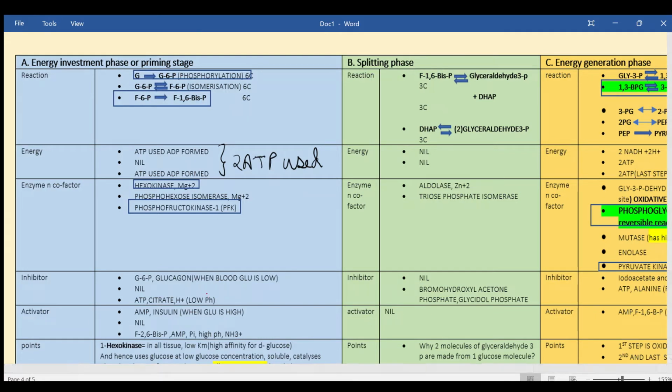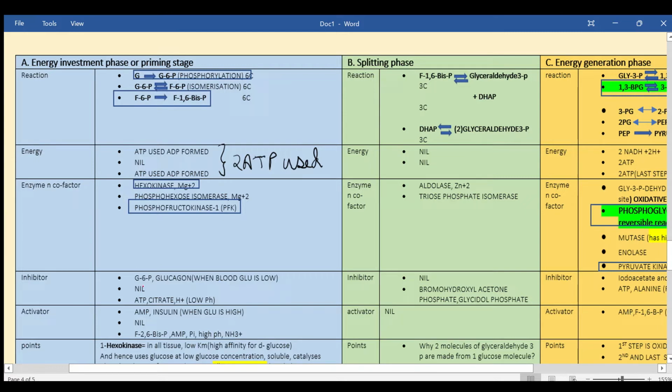Okay, now let me go a little bit deeper into why ATP, citrate, hydronium ion, or low pH is acting as an inhibitor for the third step. Because in the third step, ATP is used. Now, if ATP itself is inhibiting the process or the step, then the step will not happen.